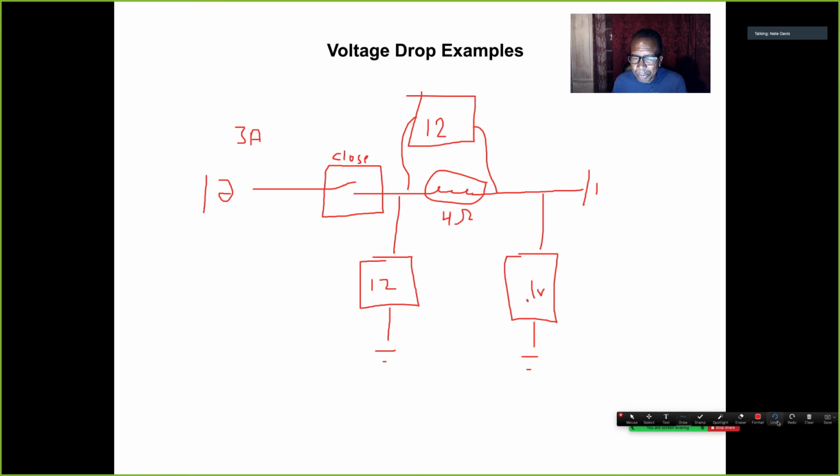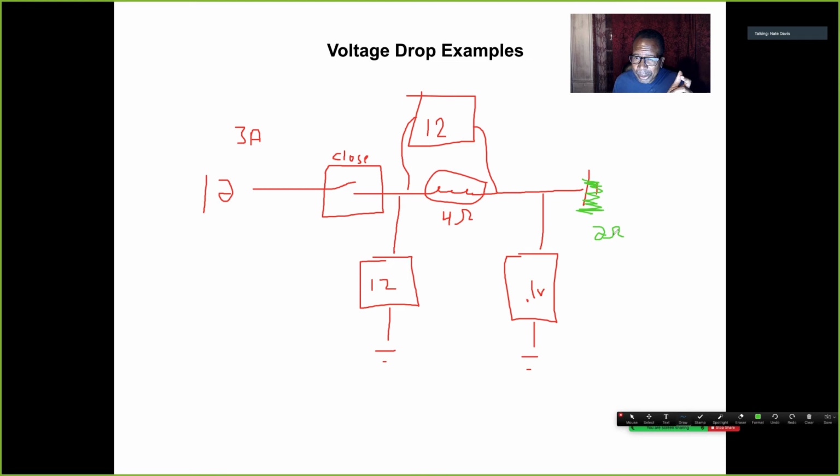This is a good circuit. Now the same problem is going to happen on the ground circuit. I can have a bad ground here. Okay? And if I could measure the resistance on that ground, it would be 2 ohms. Remember, you can't. I'm just doing the math.